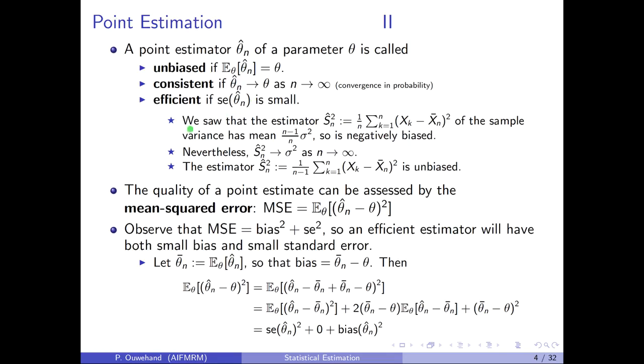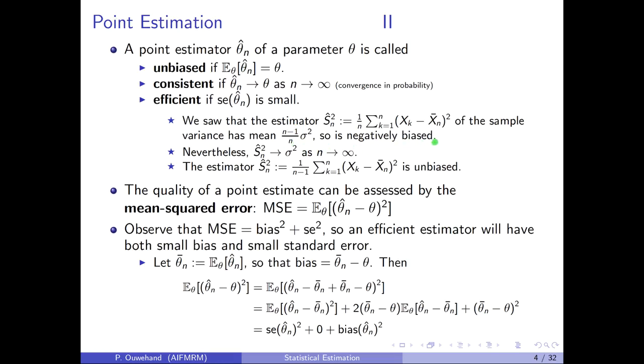As an example, we saw earlier in the lecture on probability theory and statistics that the estimator of the variance given by the sum of the squares of the differences shown here has a mean which is not equal to the true variance sigma squared, but slightly less than it because of this factor n minus 1 over n.